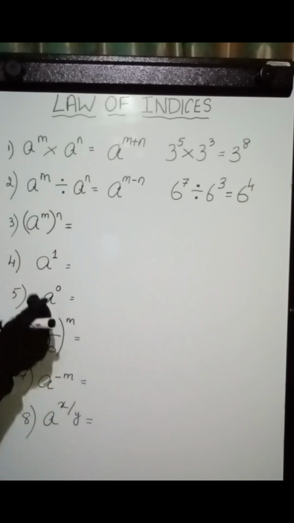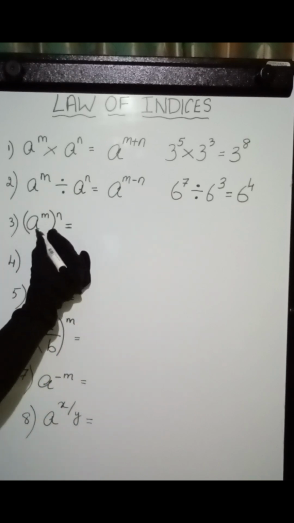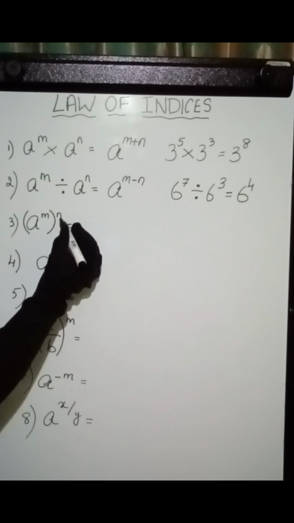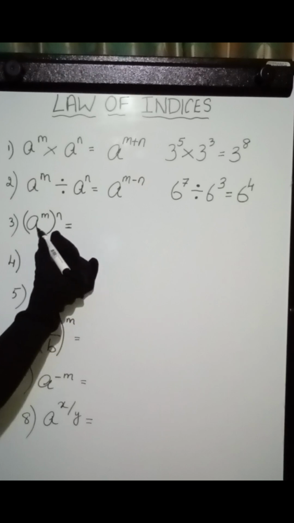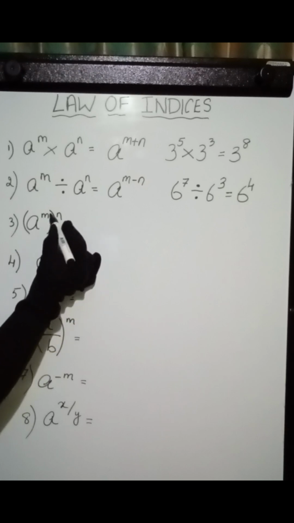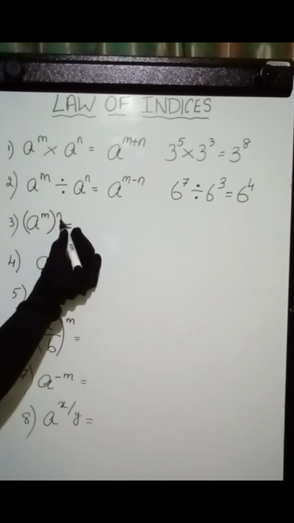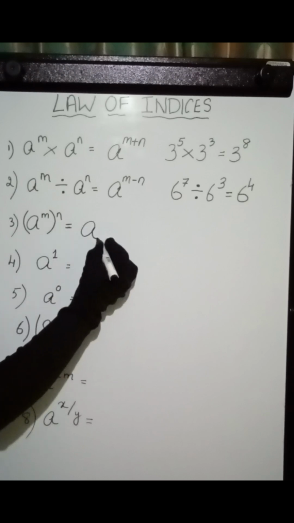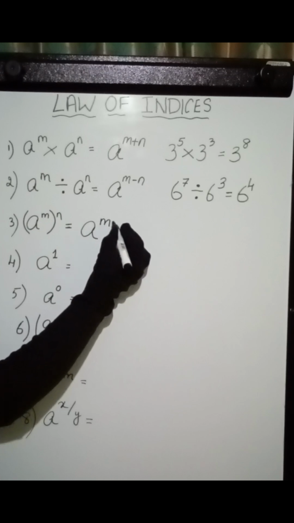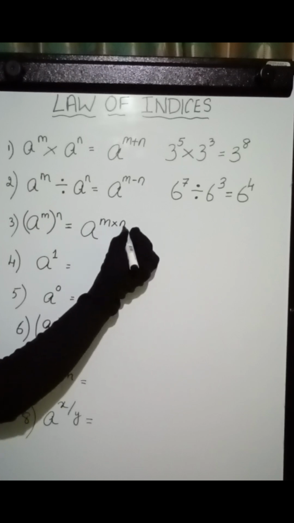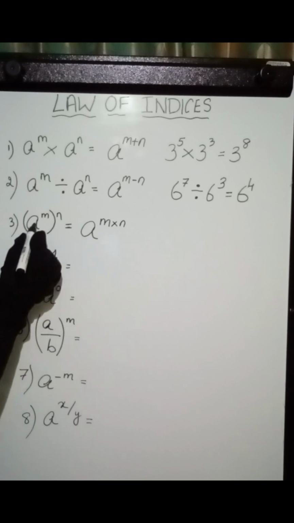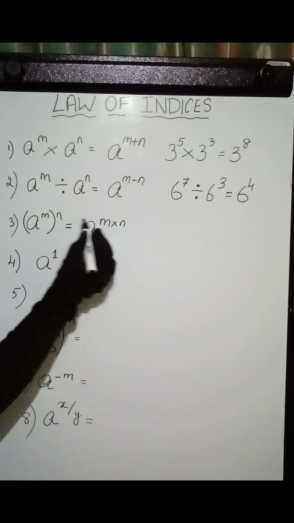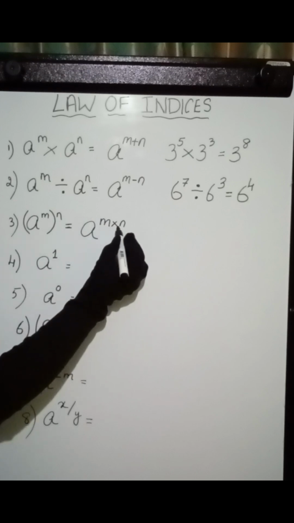Point number 3. When you have a to the power of m, the whole thing to the power of n, in this case, this will be equivalent to a to the power of m into n. The powers get multiplied.